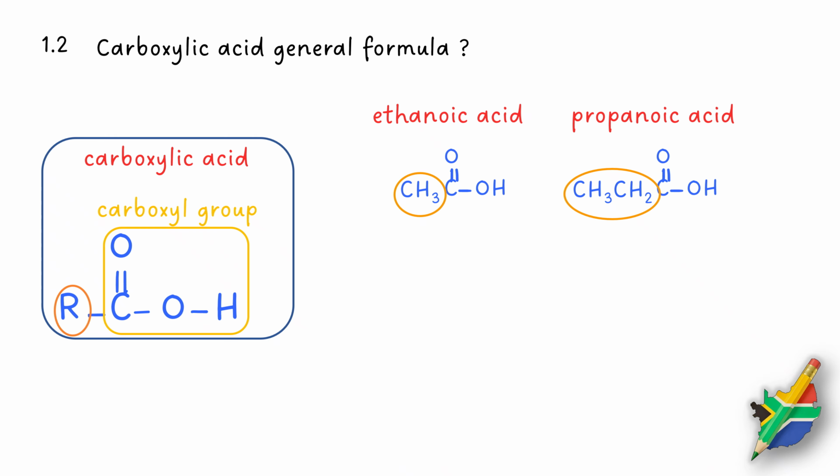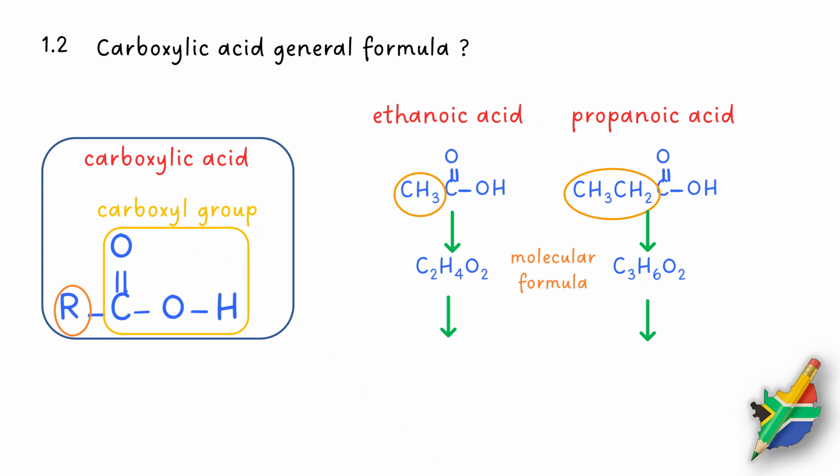We can use these two examples of carboxylic acids to deduce the general formula. In ethanoic acid, there are two carbons, 4 hydrogens, and 2 oxygens, so its molecular formula is C2H4O2. In propanoic acid, there are 3 carbons, 6 hydrogens, and 2 oxygens, so its molecular formula is C3H6O2.